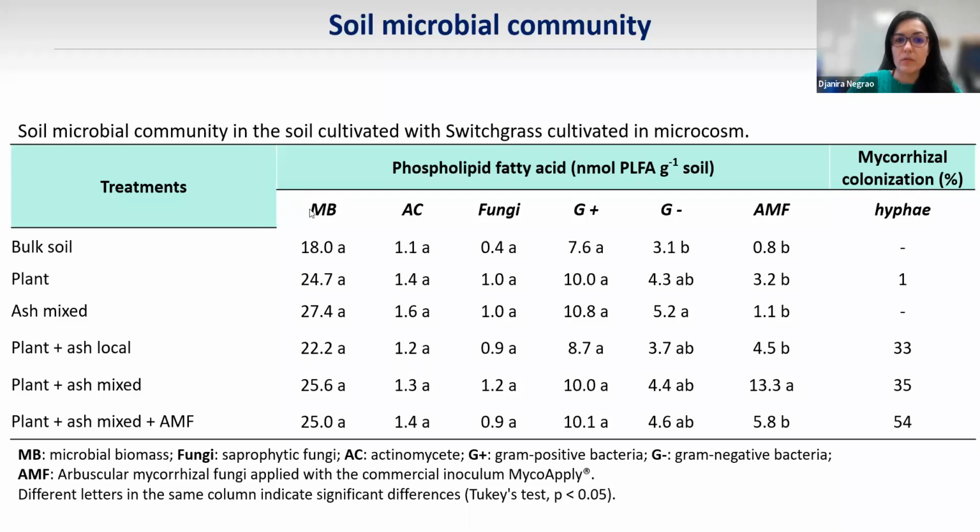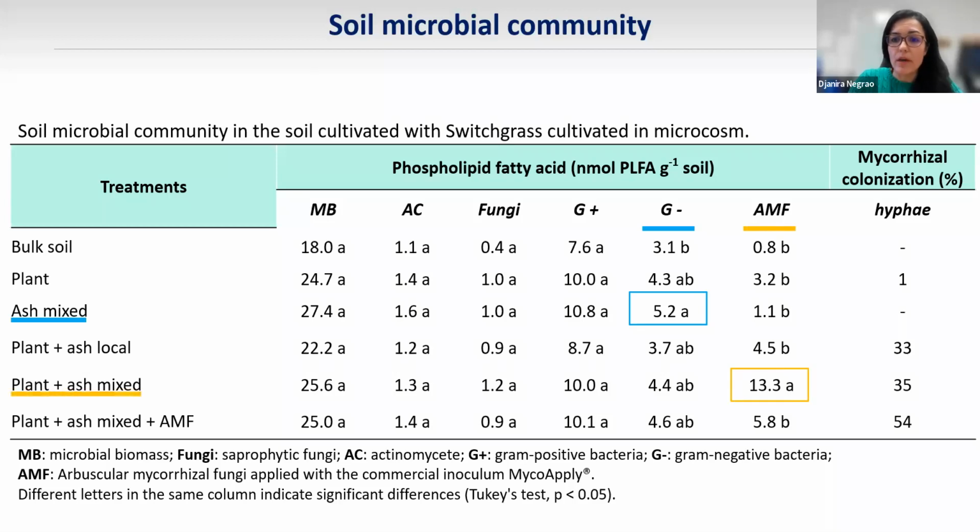So for microbial biomass, actinomycetes, fungi and gram-positive bacteria, we didn't see any difference. But here for gram-negative bacteria, we saw an increase in the activity in the treatment with ash mixed.